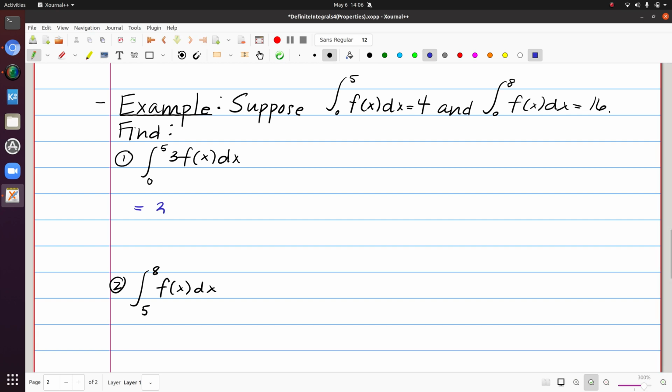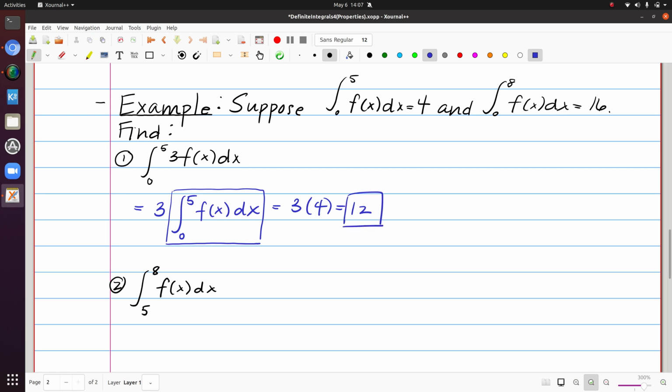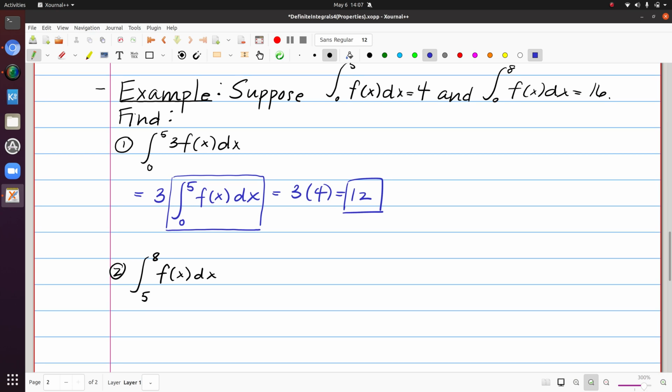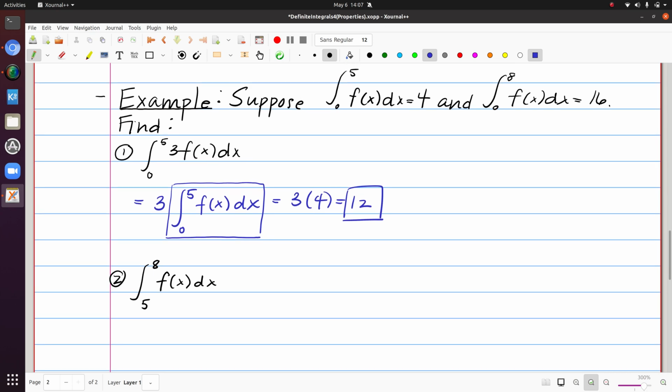Well, we know that from a property above, I can bring that 3 out front of the integral. And now this becomes a product where I'm multiplying 3 by something that we're told evaluates to 4. So this becomes 3 times 4. And so I know, even though I don't know what f of x is, that this evaluates to 12.